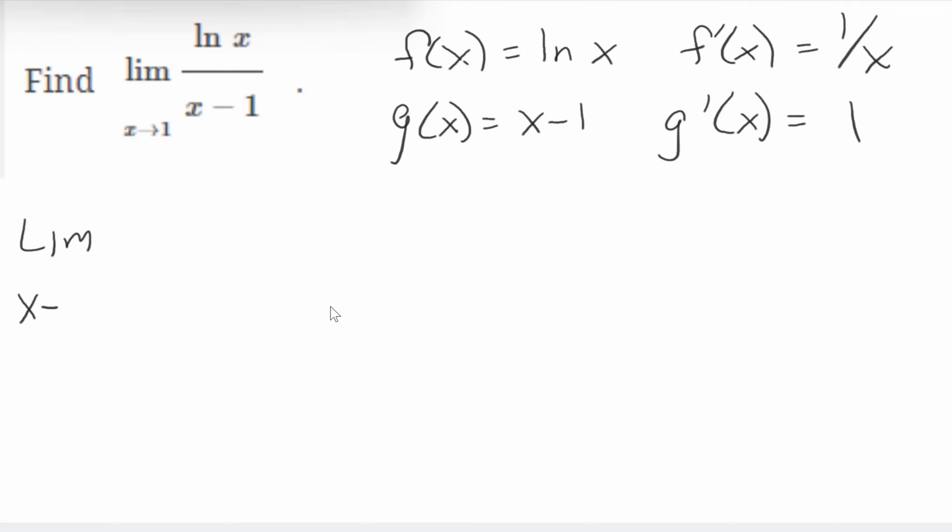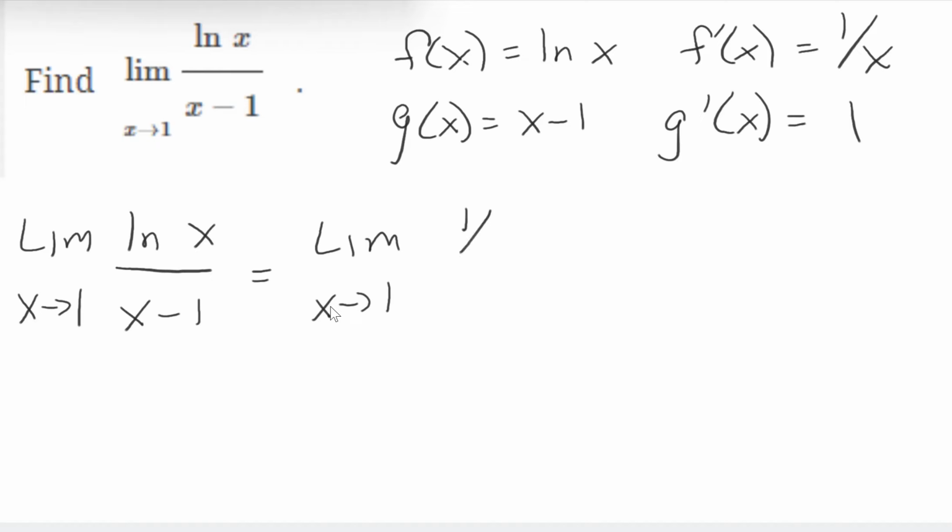So the limit as x goes to 1 of ln of x over x minus 1 equals the limit as x goes to 1 of 1 over x over 1. Now if I plug in 1 to that, I get 1, which is what we showed on the graph that works. So L'Hopital's rule basically allows us to find the limits of functions that would fall into the indeterminate form.